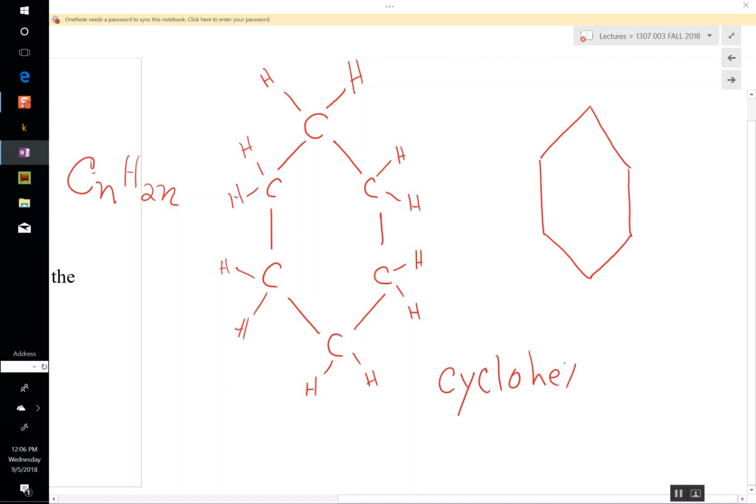So if you have a molecule that's in a ring, you have to prefix its name with cyclo. You can't just say there's 6 carbons, it's hexane. Hexane is 6 carbons in a line, in a chain form. This is in a ring. So when it's in a ring, there's got to be cyclo named to it.